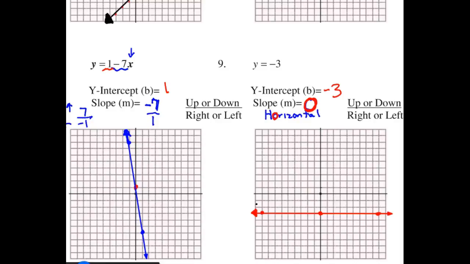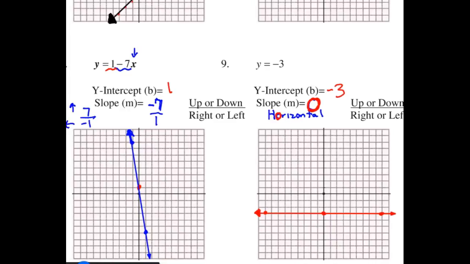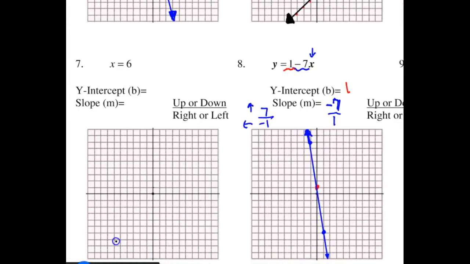There we go. Okay, and the last one I'll show you is very different from all the others because it's x equals. So this is the only time that we're going to start at x equals 6. We're going to do an x-intercept. 1, 2, 3, 4, 5, 6. All right?